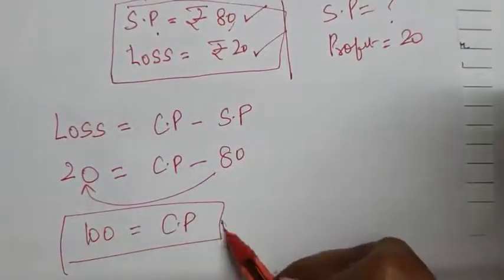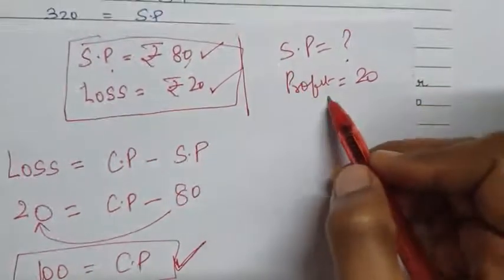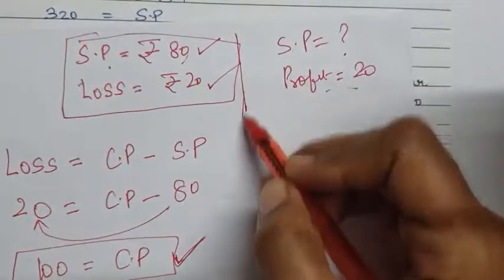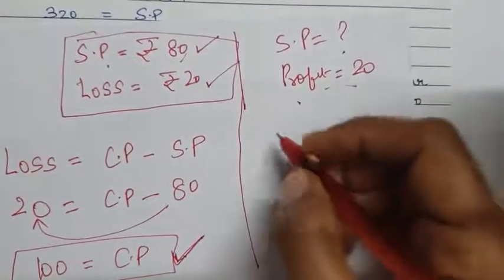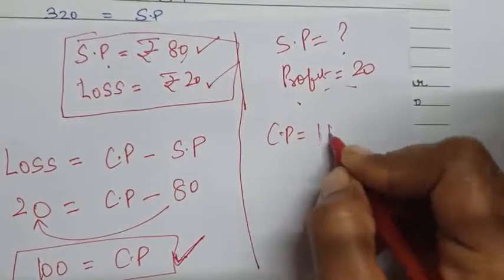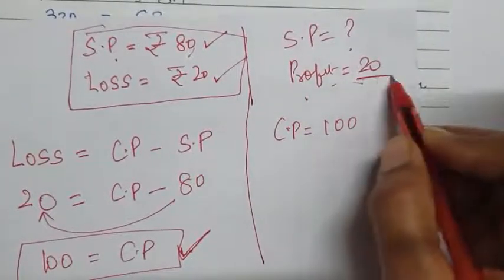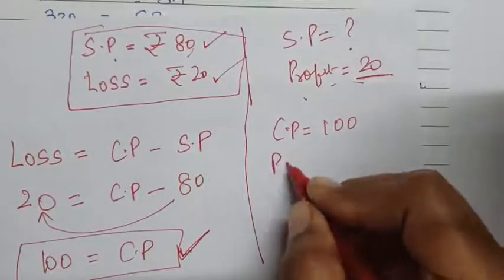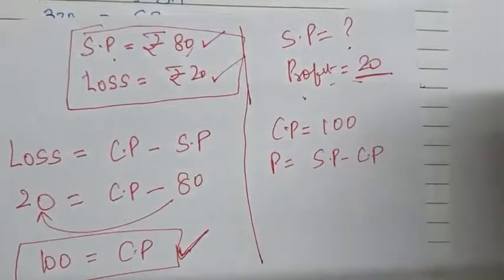So this cost price will be the same in the second case also. So we will use it here. Now cost price we know, that is 100. Profit we know, that is 20 rupees. So profit formula, selling price minus cost price.